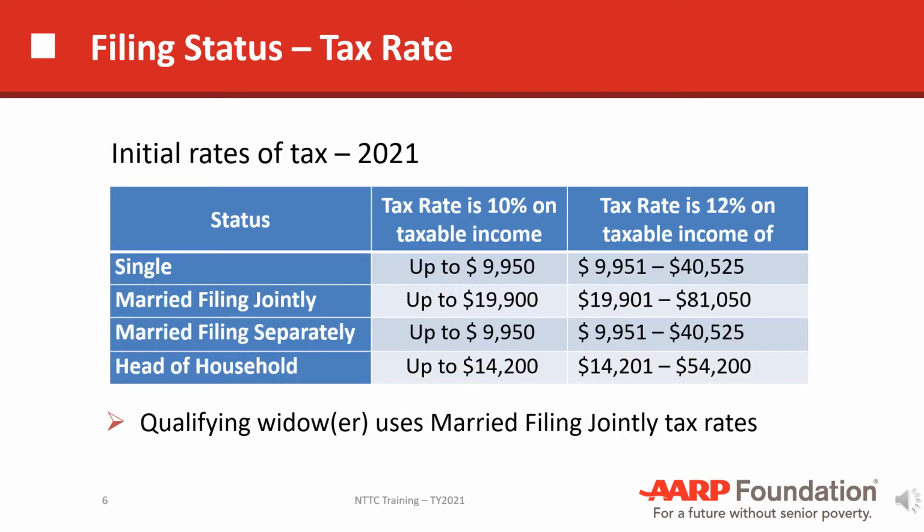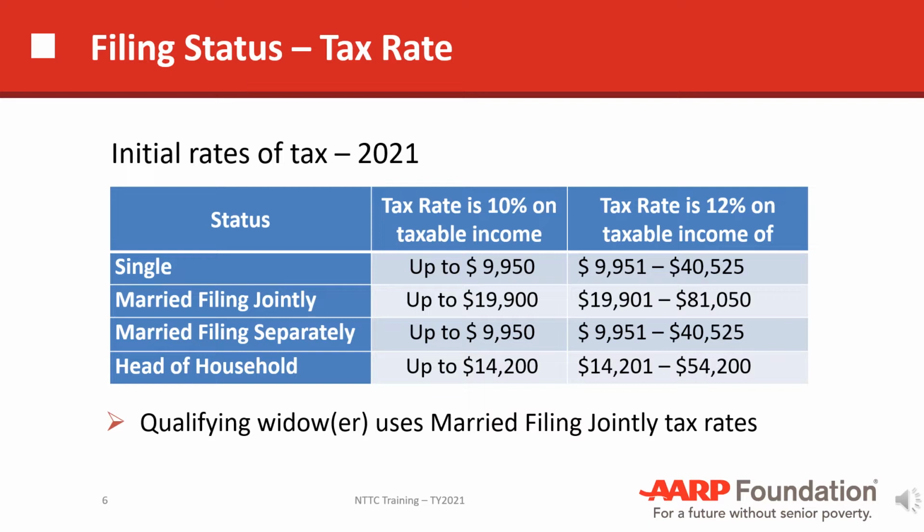On this slide, you can see that the tax rate depends heavily on the filing status. So on this chart, you can see that for single, there's a tax rate of 10% on the first $9,950, and then after that, the tax rate jumps up to 12% for $9,951 through $40,525.